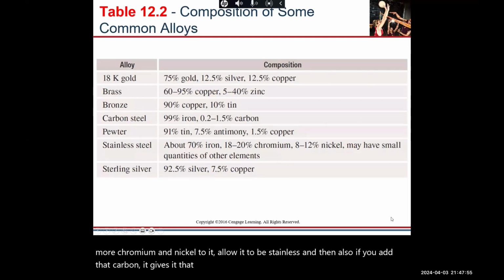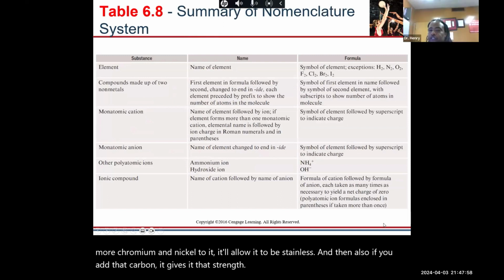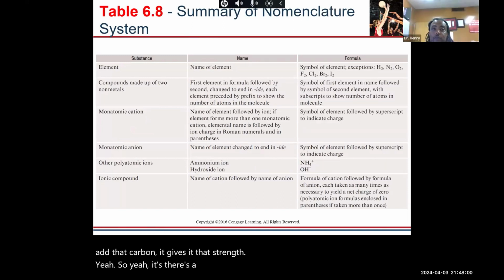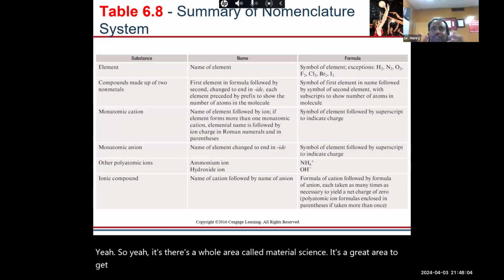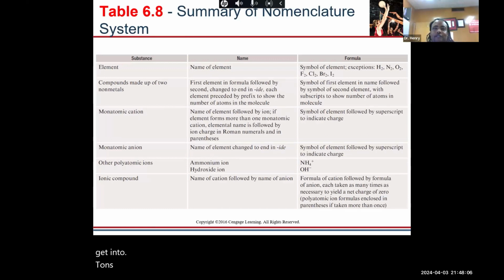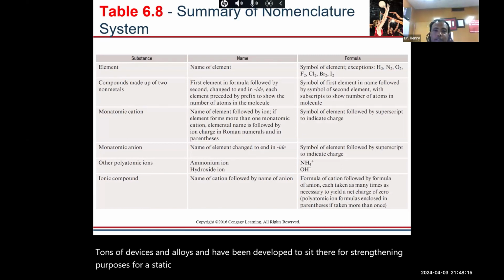Oh, that's kind of cool. So yeah, there's a whole area called material science. It's a great area to get into. Tons of devices and alloys have been developed for strengthening purposes, for aesthetic purposes.